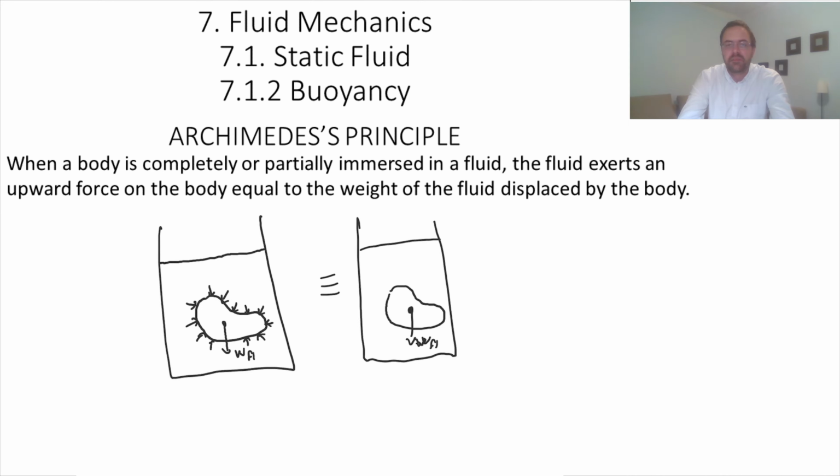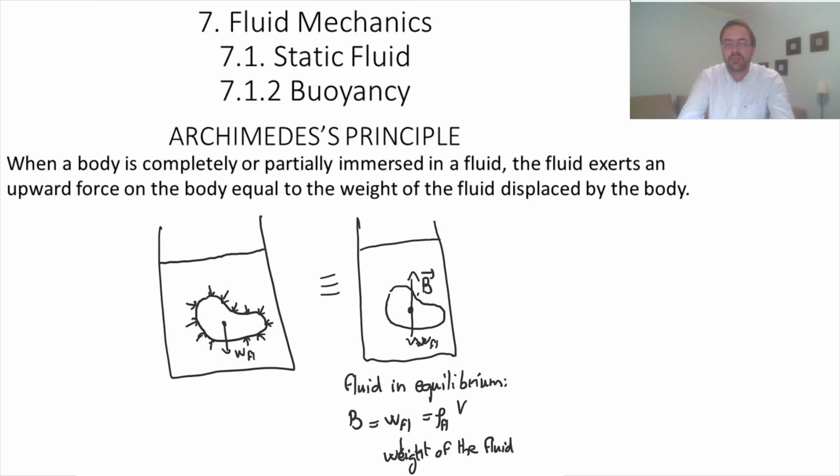And because the element of fluid is in equilibrium, the buoyancy force has to be upward, and it has to be equal to the weight of the fluid. And since the weight of the fluid element is rho fluid, V fluid times g, then the buoyancy force is rho fluid, V fluid times g.